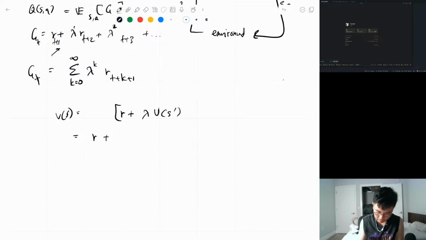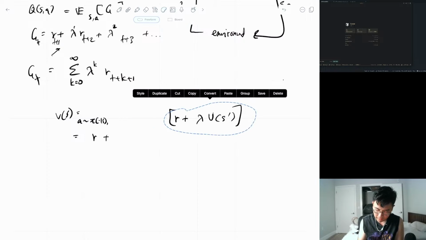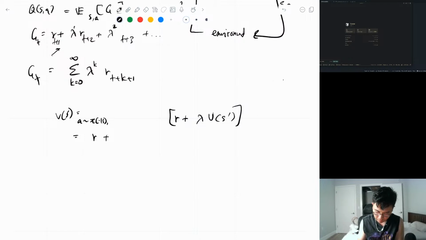This is given by some policy. So one, you're going to sample some action from your policy, and then your s prime is sampled from your environment, and that's P of s prime given s, a.